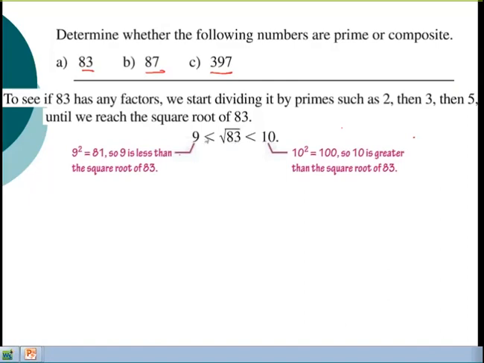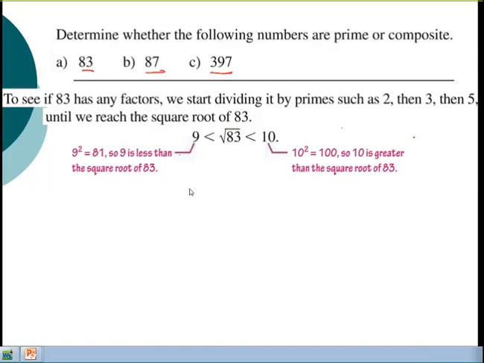Because we did 7 and got all the way up there and found that none of those work, the definition is that if you get up to the square root and have divided by all the previous prime numbers, which would be all the ones less than 9, then 83 is prime, and it is. There is not a number that goes in evenly.